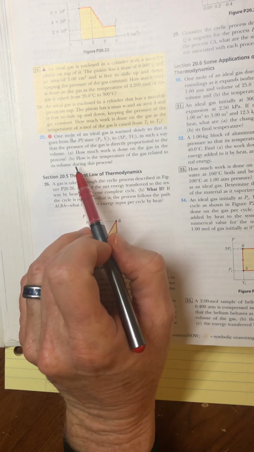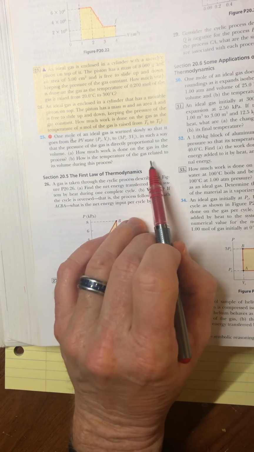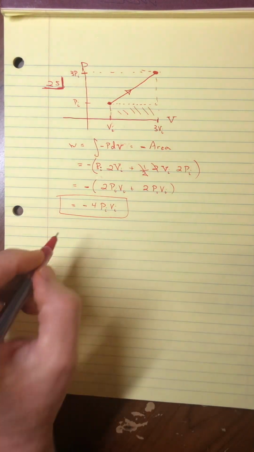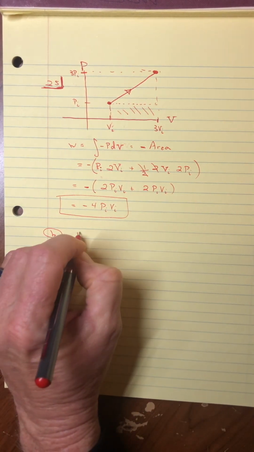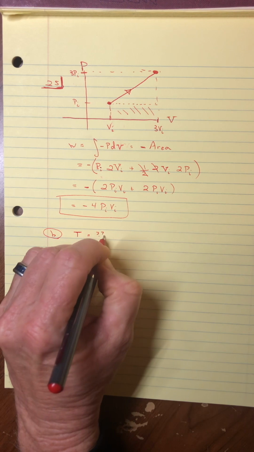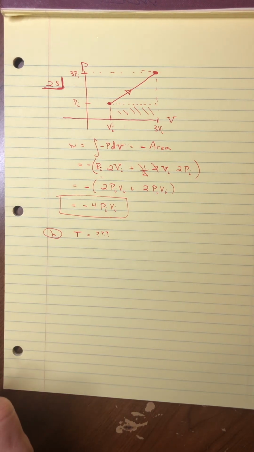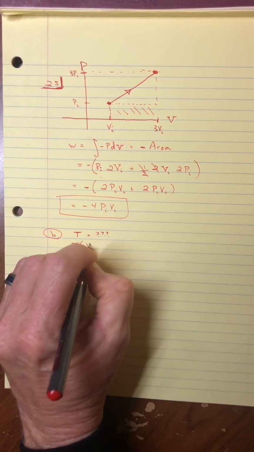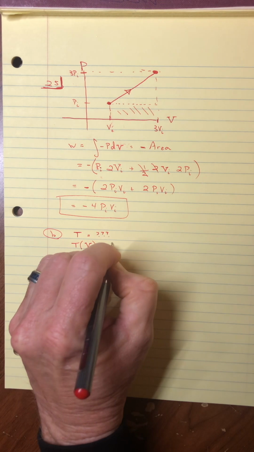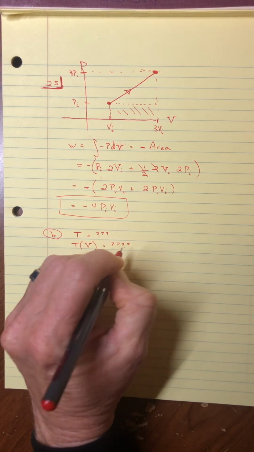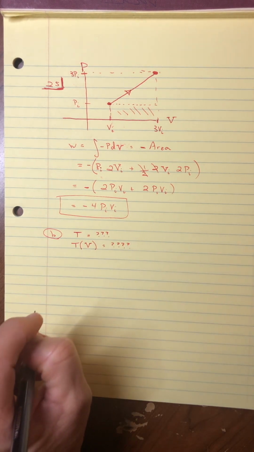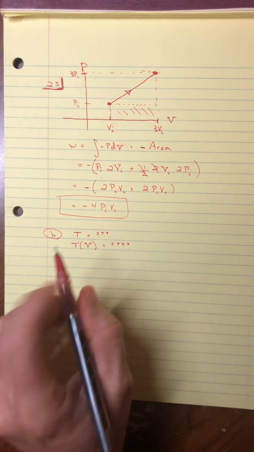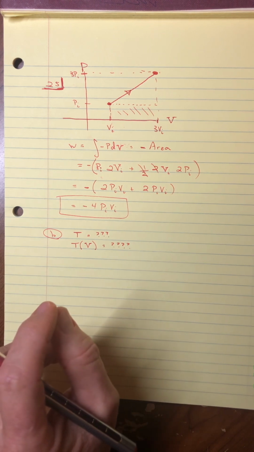Another fun one to ask is B, how is the temperature of the gas related to its volume? So mathematically we want something that looks like this: temperature as a function of volume equals what? I think what they're really trying to say is that pressure's not in this equation.